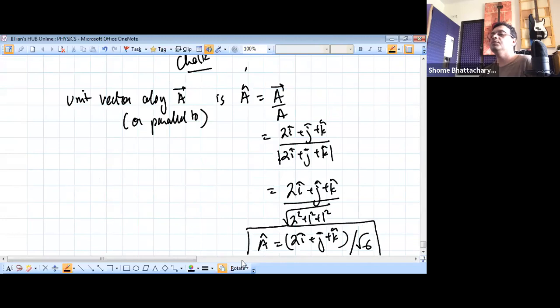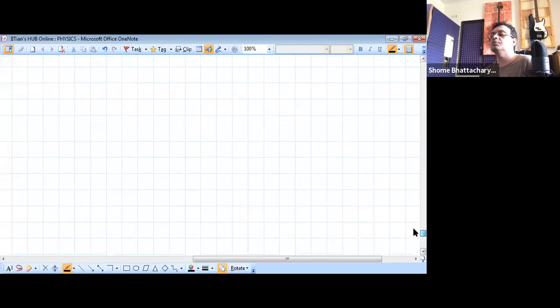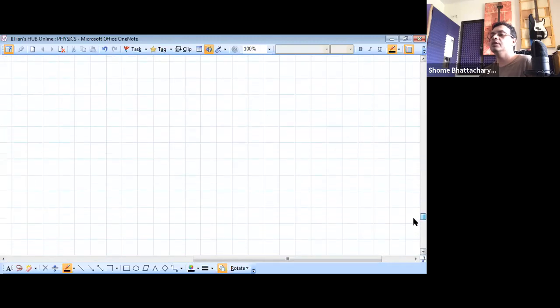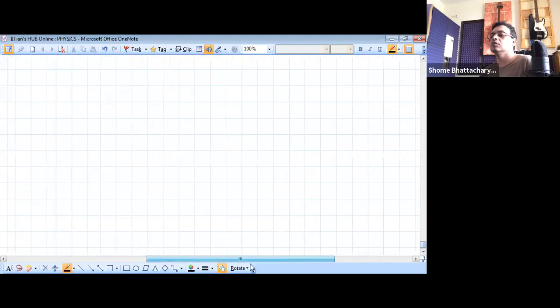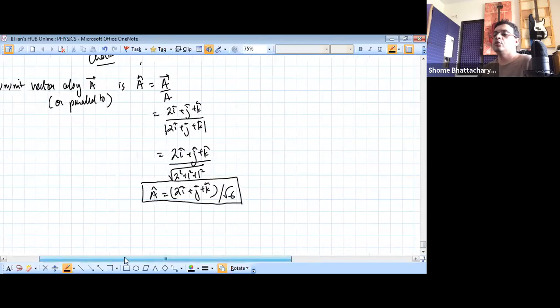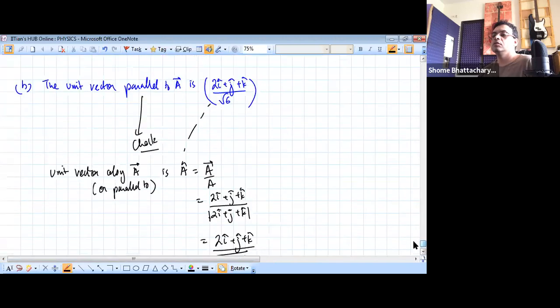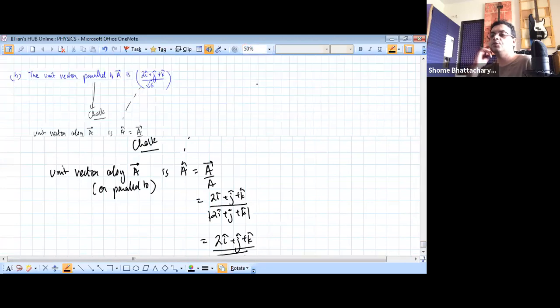That makes option B also correct. Okay, remember, there's a multiple choice type of question, so more than one option can be correct. So this is how we are working out the second option. Okay, now we have to do likewise for option C and D also.